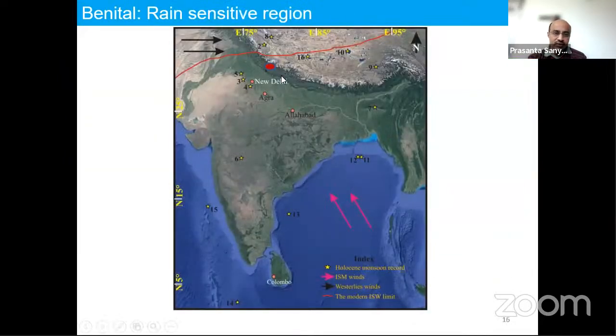Another reason for selecting this site was this red boundary, which marks the dominance of ISM and the dominance of westerlies. In this area the rainfall is dominated by westerlies, and this part is dominated by ISM. So our idea was that if the monsoon is affected, then this area will show it more because it is at the boundary of two different monsoon systems.